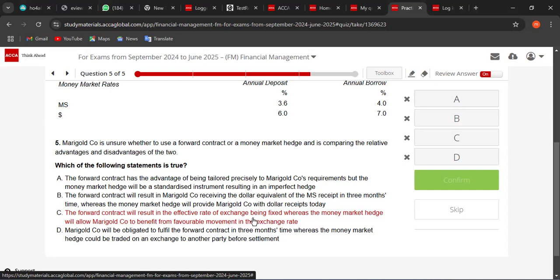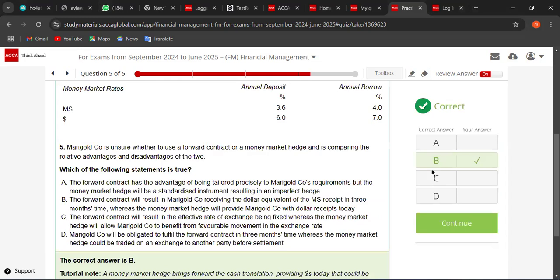No, money market also is not standardized. The forward will result in M company receiving the dollars equivalent in 3 months' time. Yes. Whereas the money market hedge will provide the company with dollar receipts today. That is correct. B is the answer.